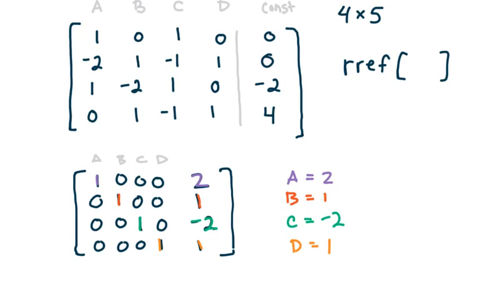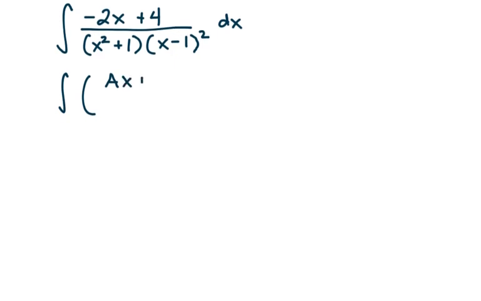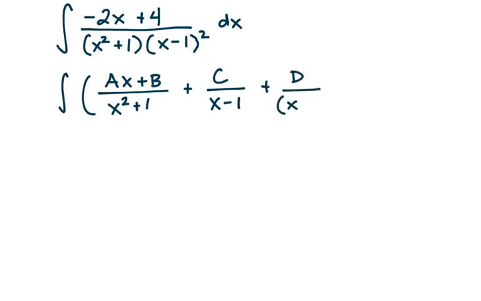So I'm going to skip to the next page and write out what we're dealing with. The fraction that we started with as our integrand is written here. And we said we were going to decompose it to look like ax plus b over x squared plus 1 plus c over x minus 1 plus d over x minus 1 quantity squared.